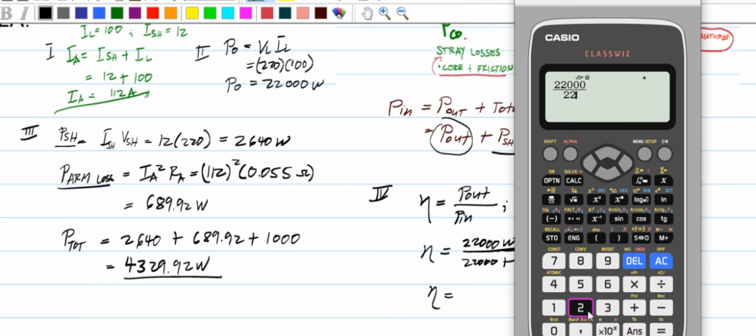22,000 divided by 22,000 plus 4,329.92. That is 83.55%.